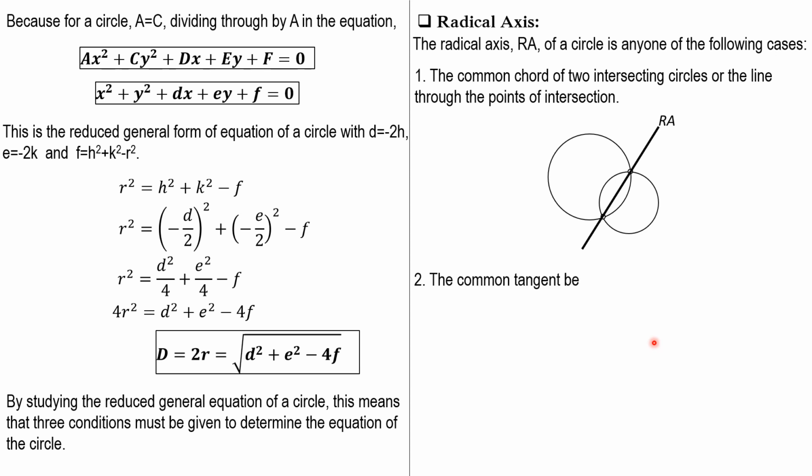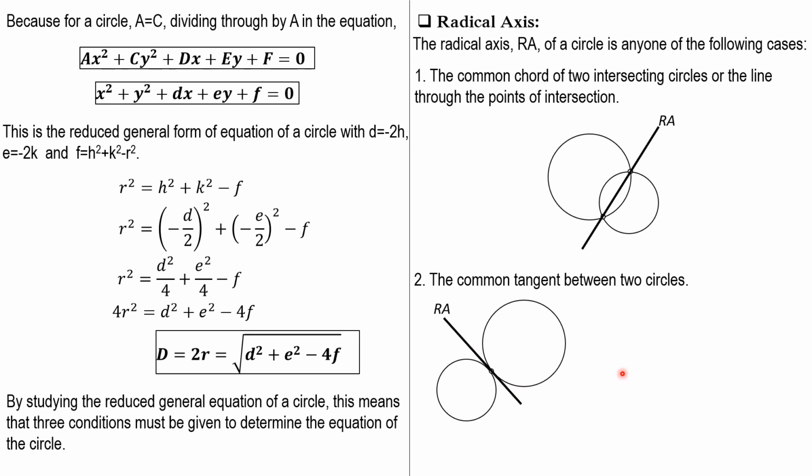So if we have tangent circles, then it is just the common tangent between two circles. So you just assume that these circles are tangent, and the radical axis is the tangent common to this point of tangency.